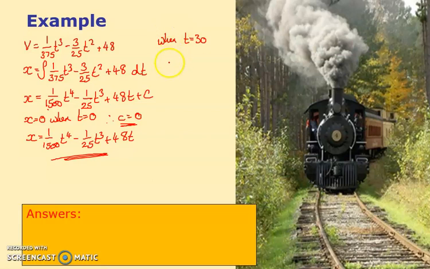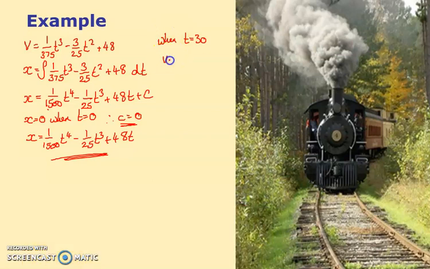Yes, it did. v equals, now I can just put 30 into this, so I shall do this now. 1 divided by 375 times 30 cubed minus 3 divided by 25 times 30 squared plus 48. 12, wow, that's a very nice answer considering. So when t is 30, v is 12.